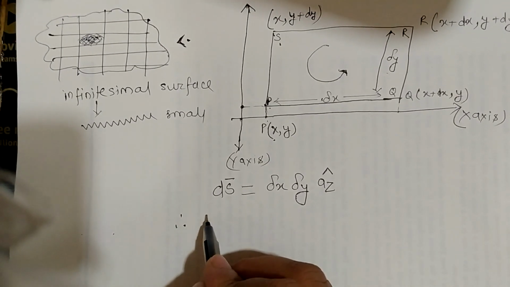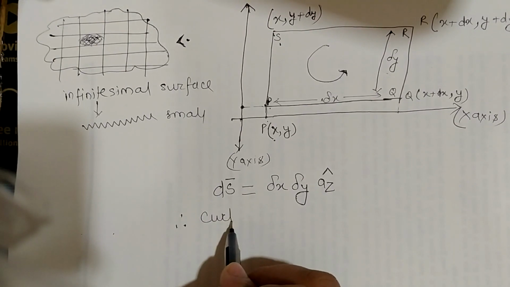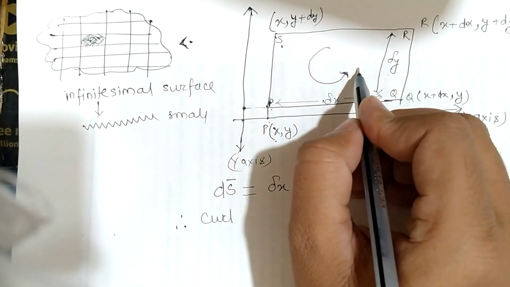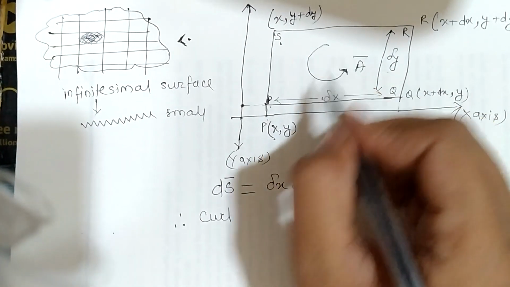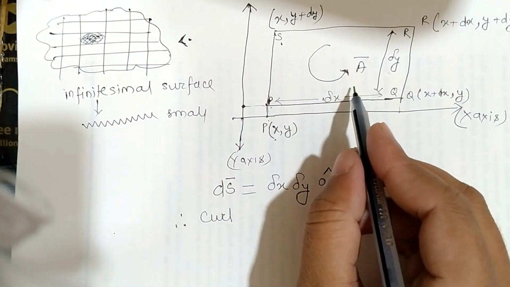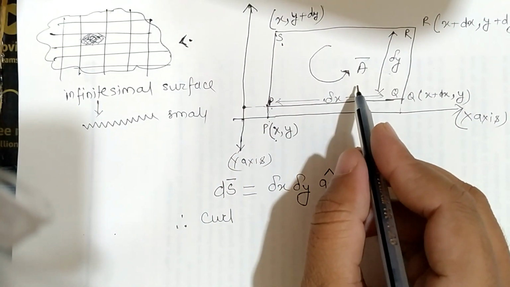If we want to find the curl of a vector, consider this vector has a direction and name vector a bar.